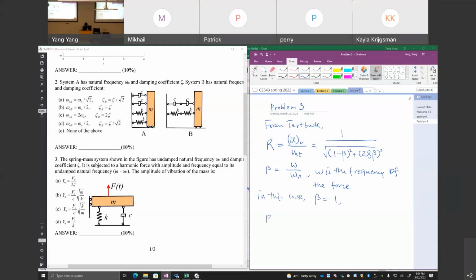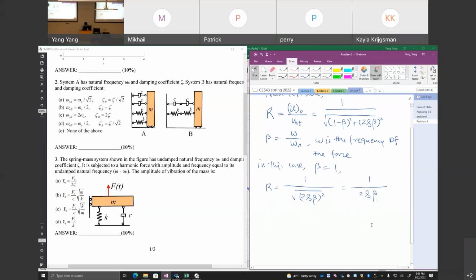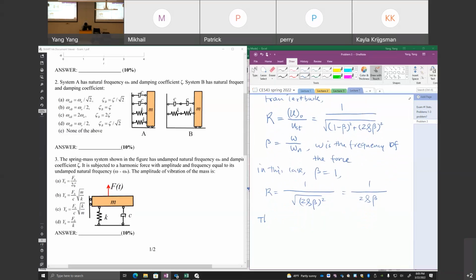So R should be equal to... the amplitude of the dynamic displacement should be equal to R times the static response.